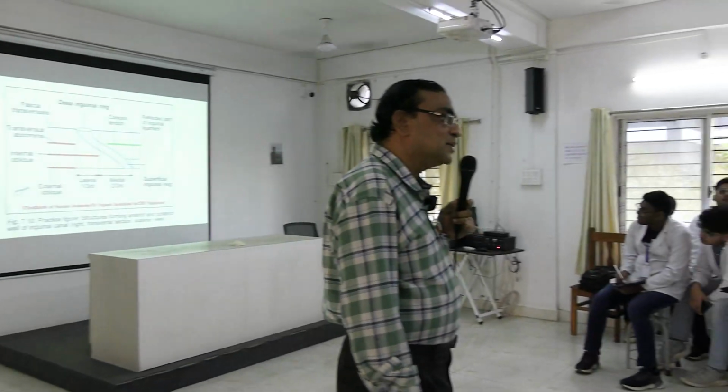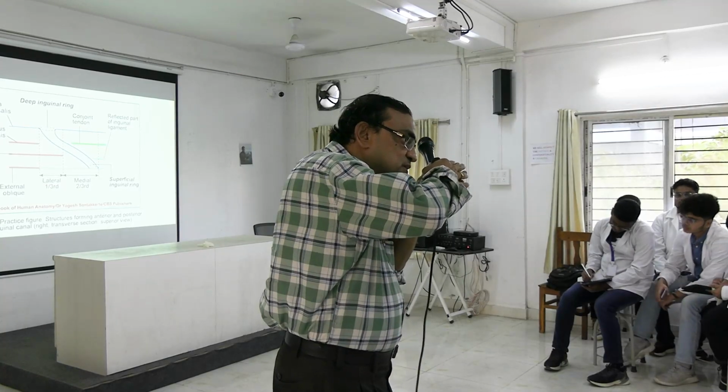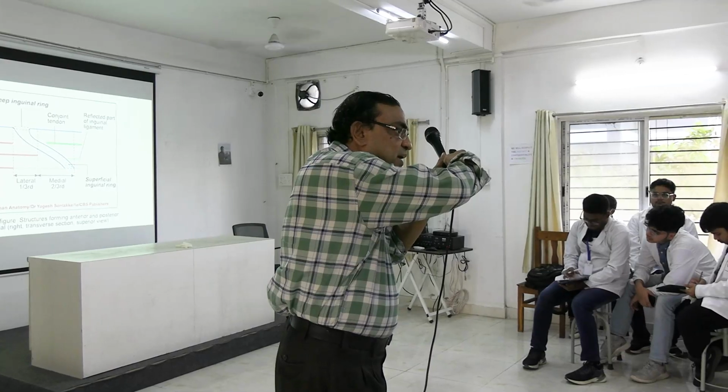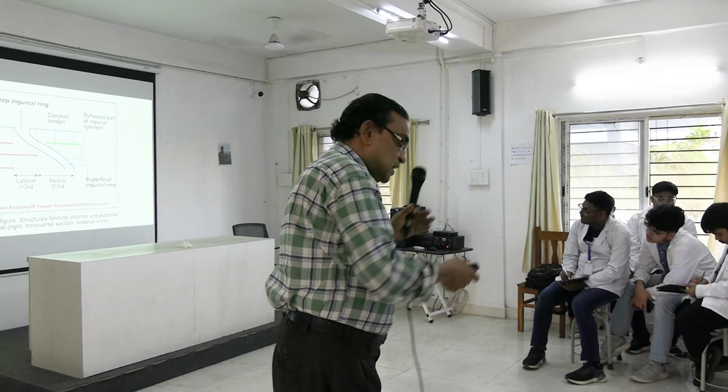Suppose this is the internal oblique and this is the transversus abdominis; they join, get blended, and form one ligament, called the conjoint tendon.